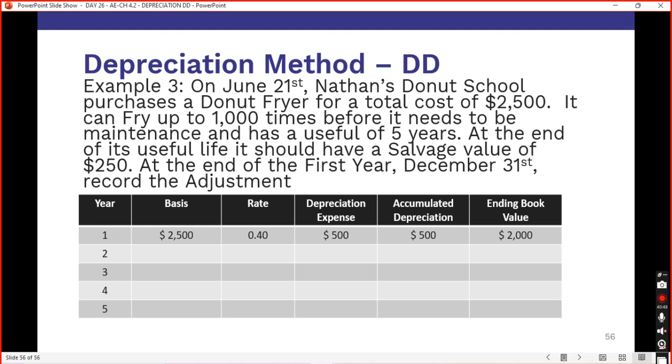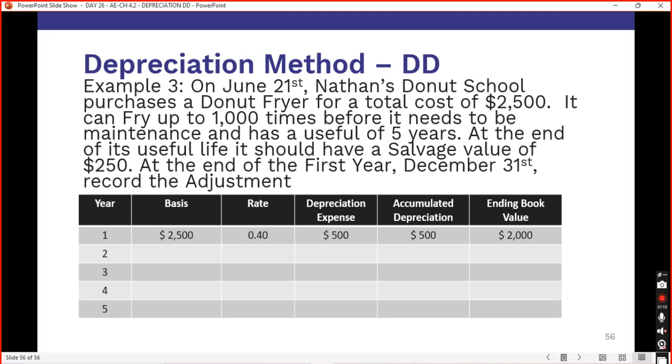If you looked at the previous one, we were lucky that the asset's life as well as the accounting year was the same, but I was very specific: you depreciate at the end of the year, December 31st. So if you place the asset in service on January 1st, you have depreciated a full 12 months.